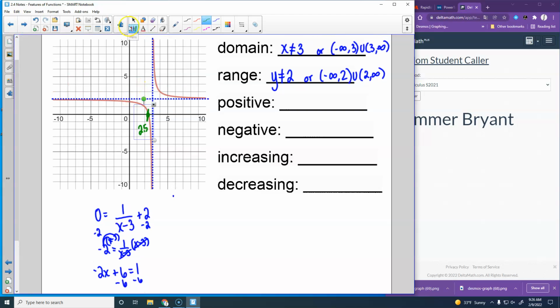So our function, highlighter, here is above the x-axis here and everywhere over here. All right. So if I'm thinking about this, always think in terms of vertical lines, sectioning this off.